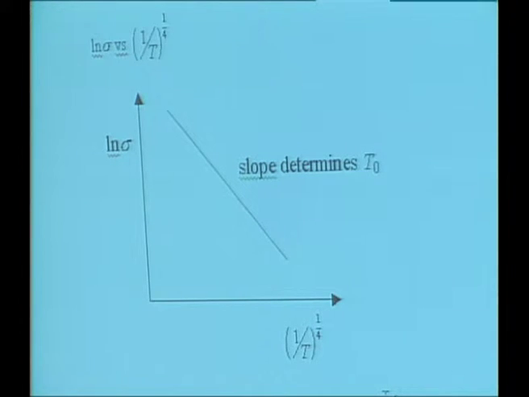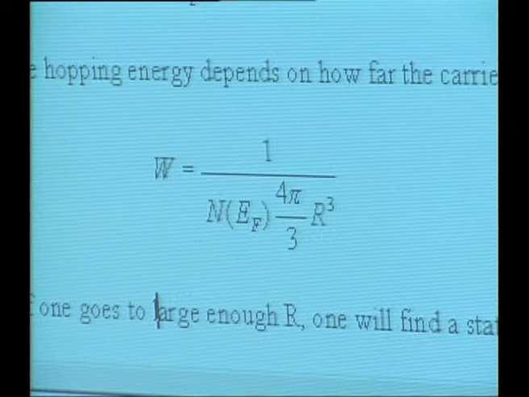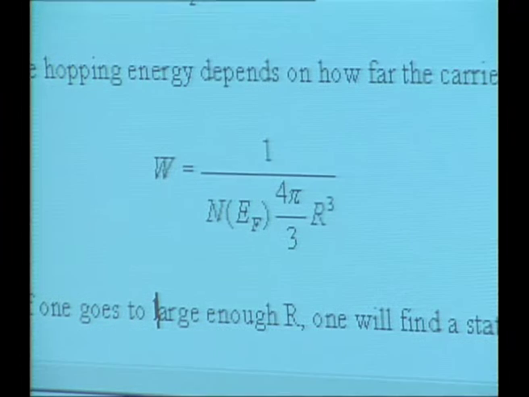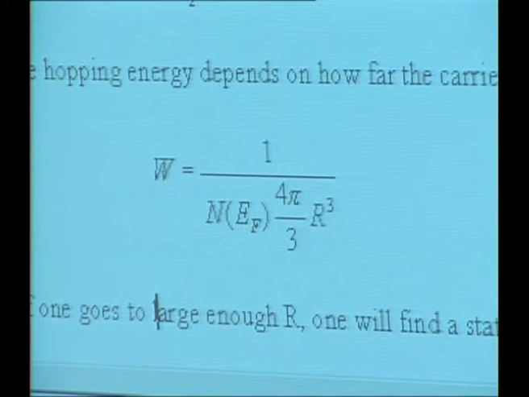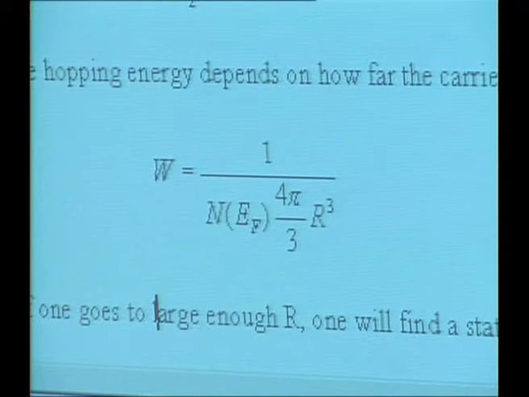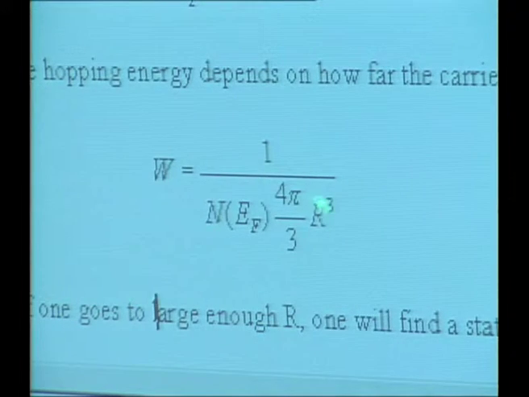Now, if you look back at the calculation, this 1/4 comes right from here, because I assumed 3 dimensions. Okay, this 4 pi over 3 r cubed is the volume of a sphere in 3 dimensions. If I did this in 2 dimensions, this would be pi r squared, it would be the area of a disk. And if I did it in 1 dimension, it would be r, just the length of a line. And what you're doing here is taking the derivative with respect to r. So if you have r cubed here, you know 1 over r to the minus 3 goes to r to the minus 4.